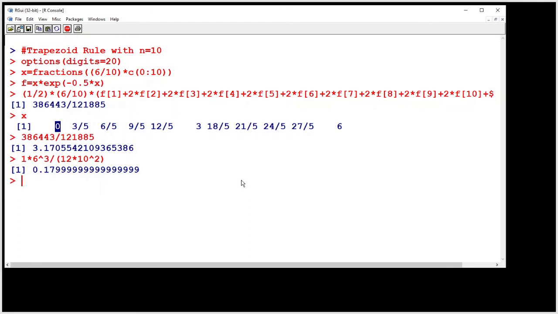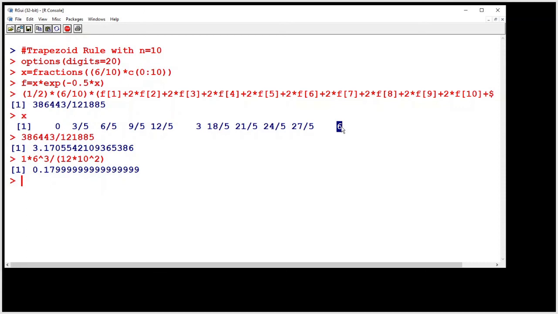Now you look at the screen. In the program, X is a vector consisting of all the partition points. If you type X and enter, you see all the partition points. This is the left endpoint of the interval from 0 to 6. That's x0.